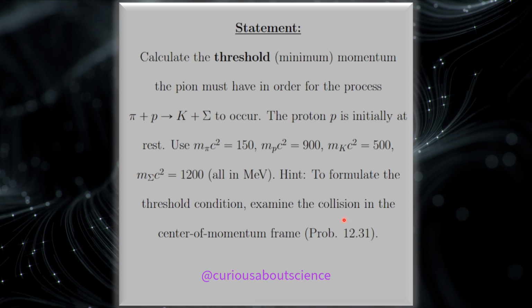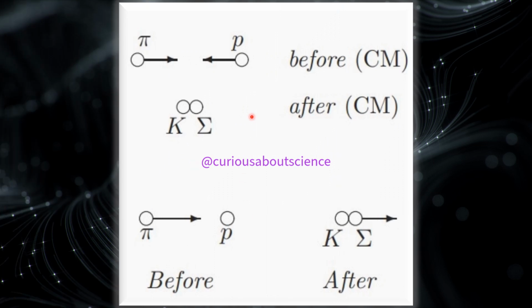This center of momentum frame, remember, is very interesting to deal with. Remember what the condition was for it: that in the center of momentum frame, the total momentum is zero. Let's draw it out. In our normal situation, we have the pion hitting the proton, and we get the kappa and sigma stuck together moving to the right.